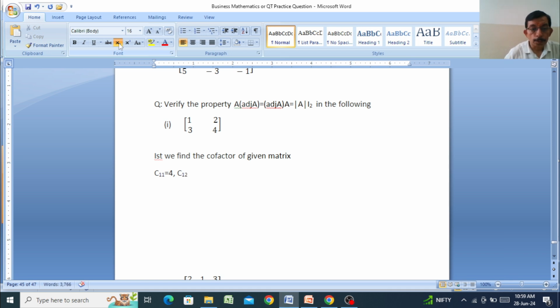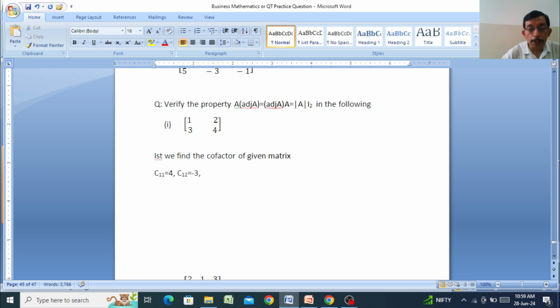C12 is equal to, the sum of the order of the element is 1 plus 2 equal to 3. This is the odd number, then we take the negative sign. Then the value of C12: first row, second column element cancel out, the remaining element is 3. Note down here the cofactor C12 is minus 3.